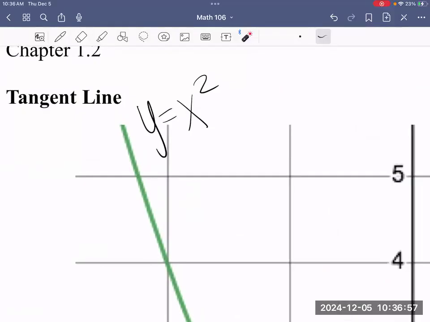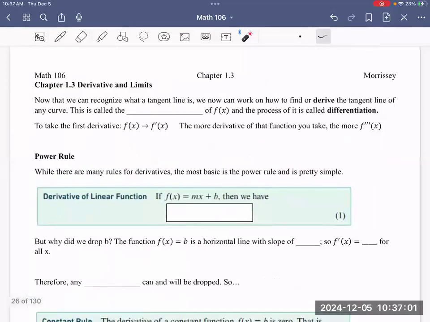Sometimes they'll be a little bit more complicated, which is why we want to use derivatives. So this process is called the derivative. And the process is called differentiation. So you might hear me say differentiation or derive. We're just going to say, okay, this is what the process vocabulary is.